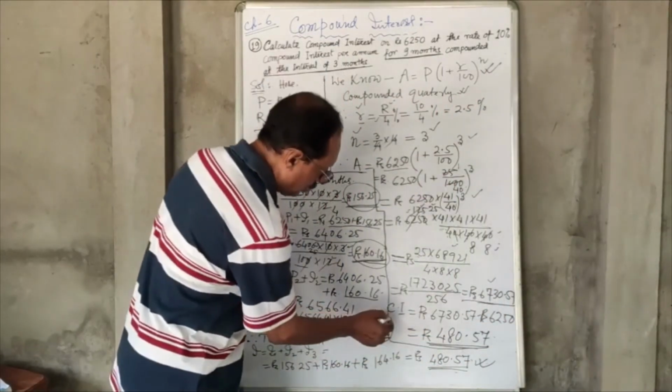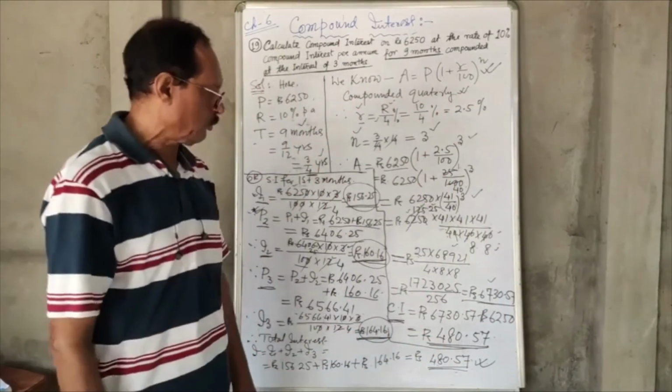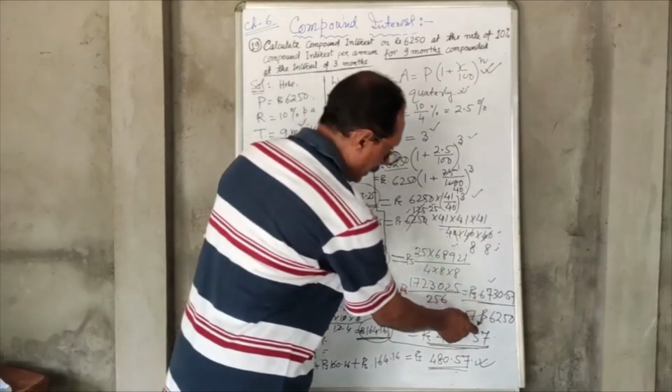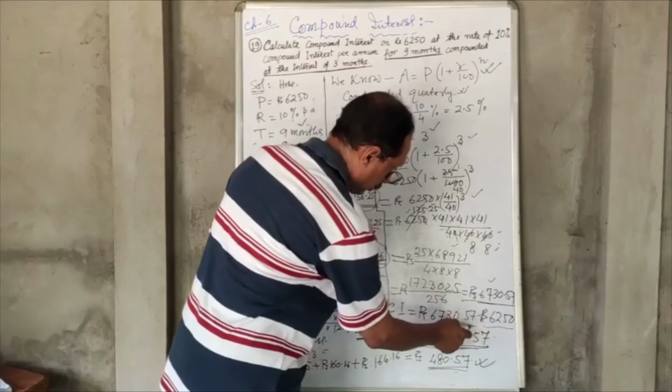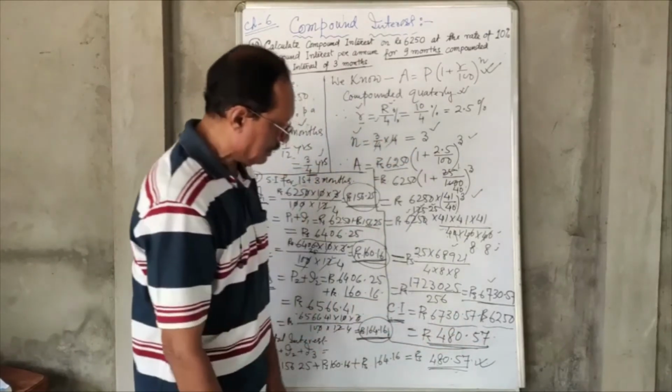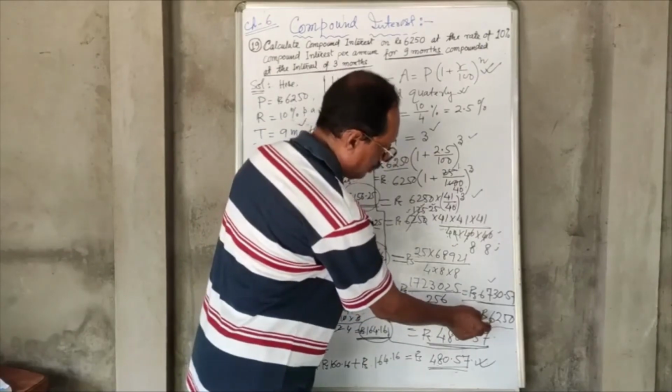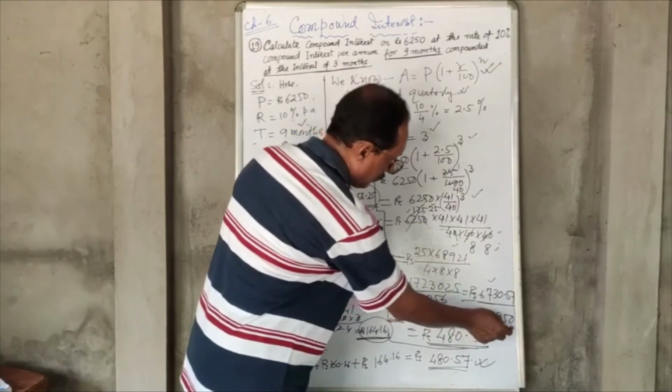So I want to find out the compound interest. To find the compound interest, obviously we have to subtract the principal from the amount. That is 6,730.57, the amount, minus the principal given to us, that is 6,250.